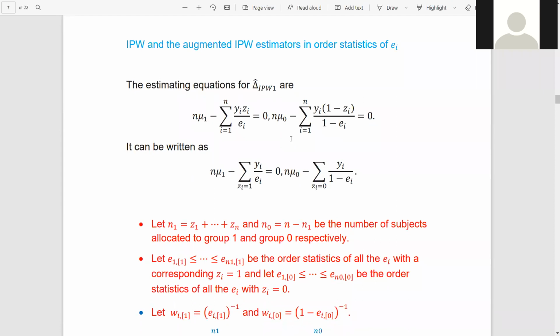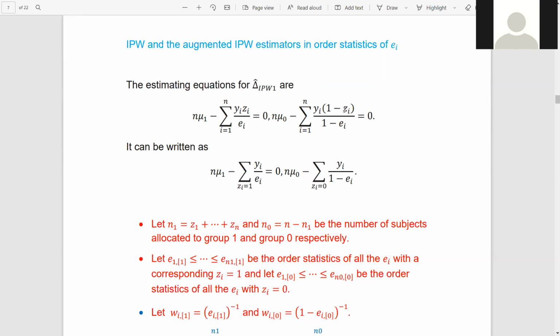It's totally equivalent, just rewritten in a way that will make sense. This is the original formula for IPW estimate 1. When ZI equals 1 you add them up, and if ZI equals 0, then this term disappears. So this is the same. This is ZI equals 1.